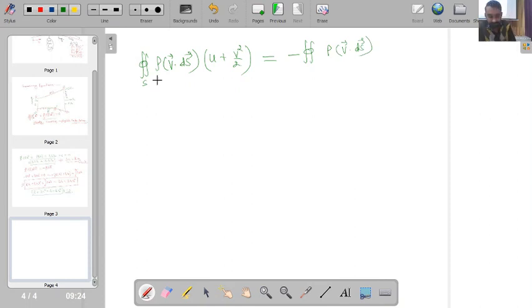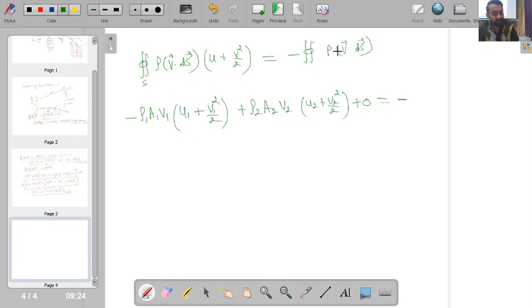Fine. So now the first part, as I have already written, is minus rho 1 A1 V1 times U1 plus V1 square by 2, plus rho 2 A2 V2 times U2 plus V2 square by 2, plus 0, that will be equal to minus, then I will be having P1 into V dot dS for the left face, which is minus A1 V1, minus of P2, and V dot dS for the right face will be A2 V2.